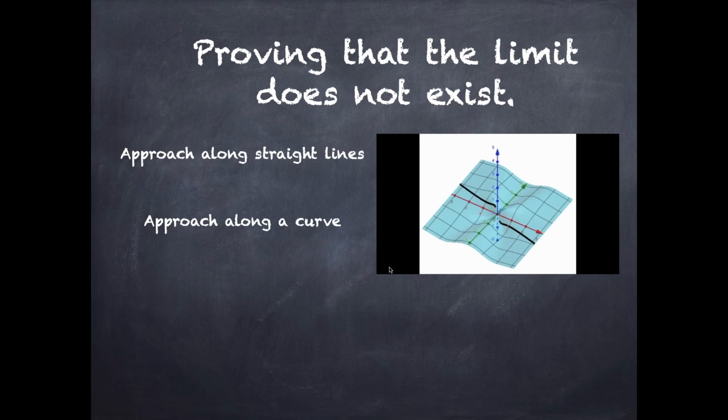In this example, we're going to look at the limit at the point 0, 0. Approaching along the straight lines going through the origin, we see that the limiting value is 0.